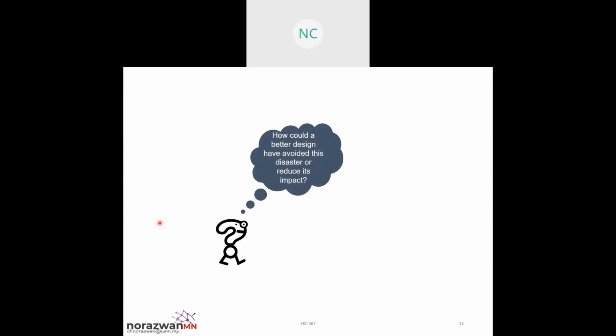Something to ponder: how could a better design have avoided this disaster or reduced its impact? And will it be possible to eliminate the hazard altogether? Maybe a better design could help us avoid the disaster, or surely a better design can reduce its impact. That's for sure. But is it possible to eliminate the hazard altogether?